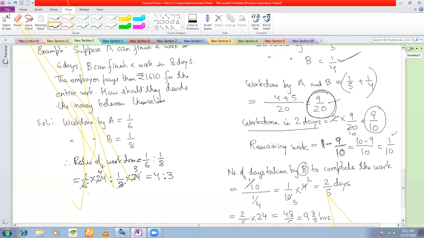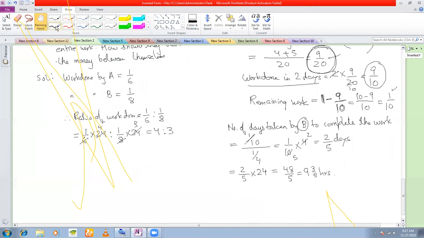So 1 by 6 is to 1 by 8 is the same ratio as 4 is to 3. So they must divide the money in the ratio of 4 is to 3.